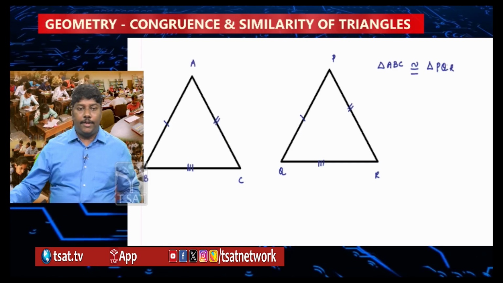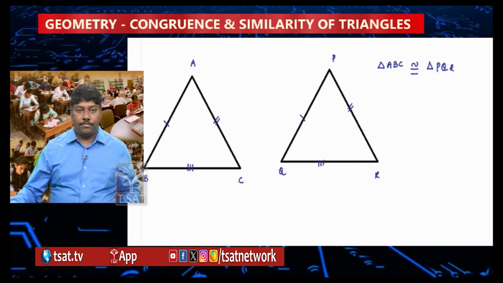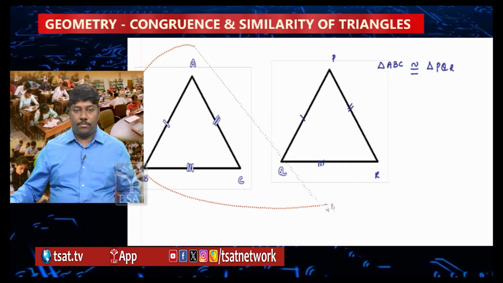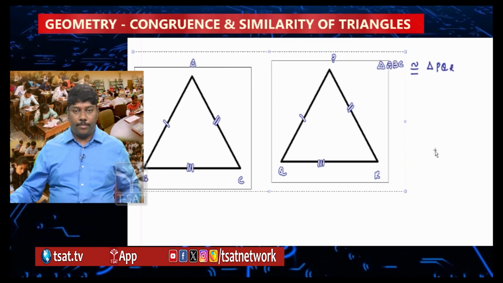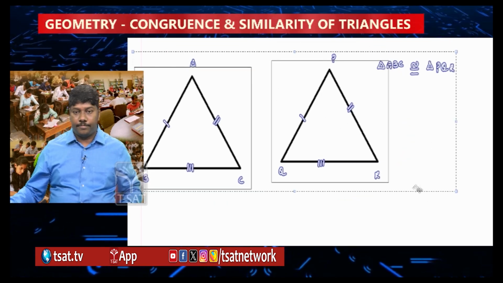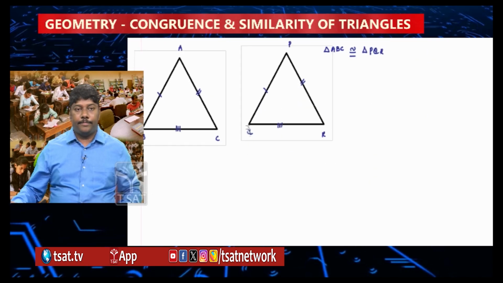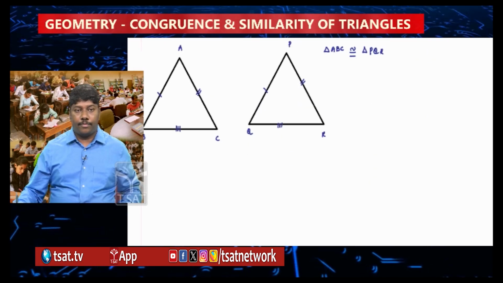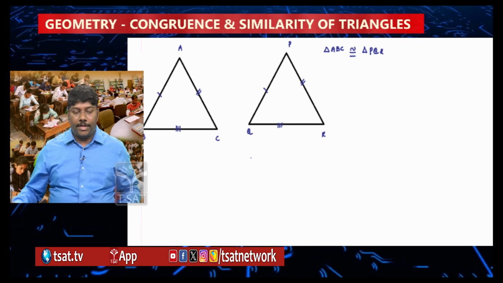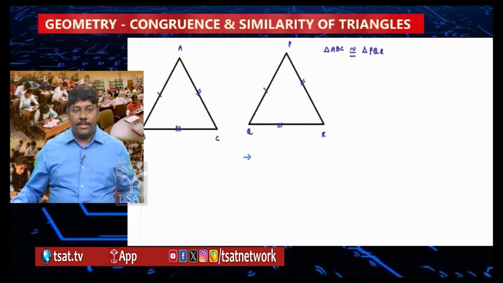What do we know if they are congruent? Suppose they are congruent. What do we know from this? Remember that if they are congruent, their sides are equal.